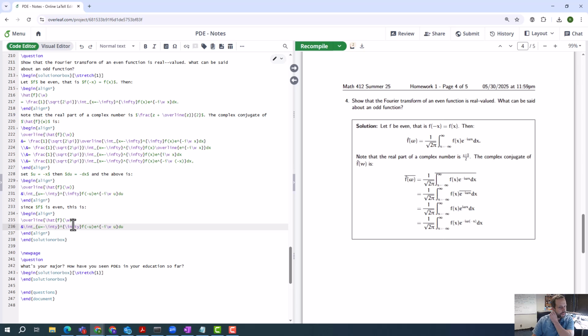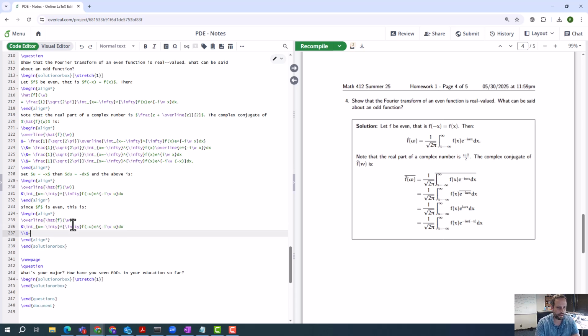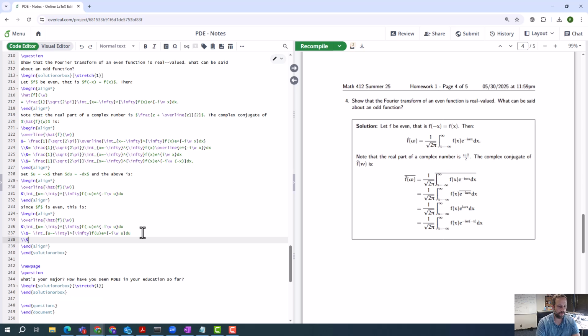So we're going to have this, and then this, f of u, which is equal to this. So what we've shown then is that the complex conjugate of the Fourier transform is equal to the Fourier transform. So if you have a number that's equal to its complex conjugate, the only way that can happen is if the number is real.